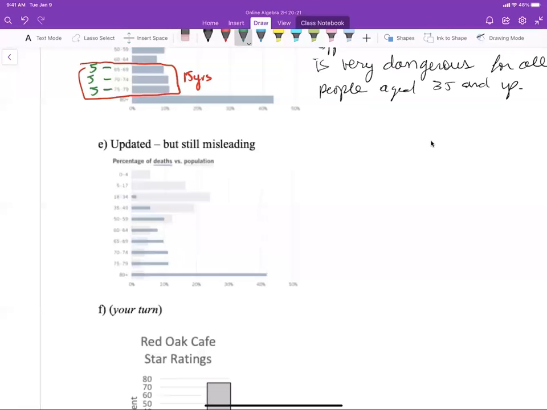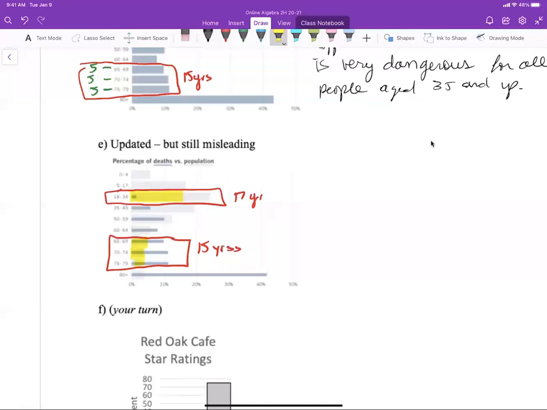It's a better graph. It's still misleading because they haven't adjusted their bar width. Again, this is 15 years of spread, and this is a 17-year spread. And if I were to take these little grays and add them together, I still don't get to the total percentage of population that is within that 18 to 34.